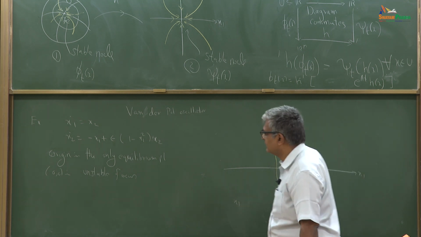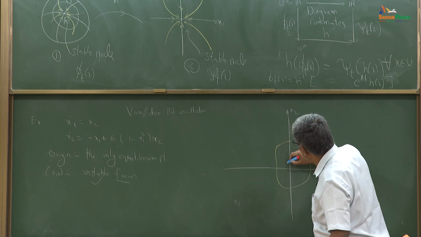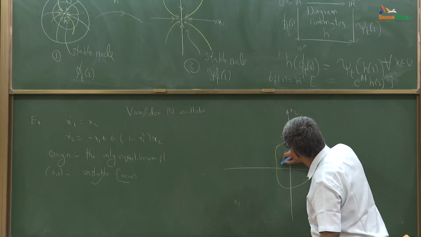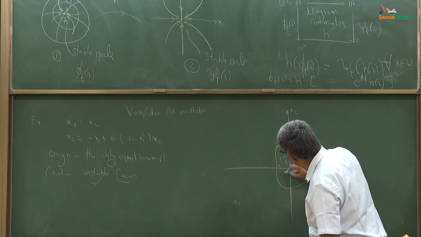I mean, this doesn't matter. What is important is this, right? All the vector fields, if you perturb near this, will go away from the origin, right?